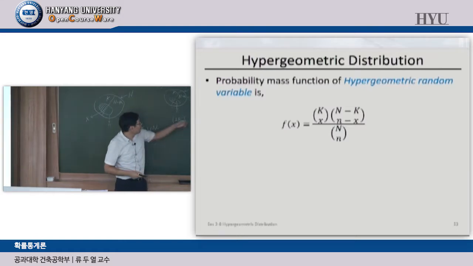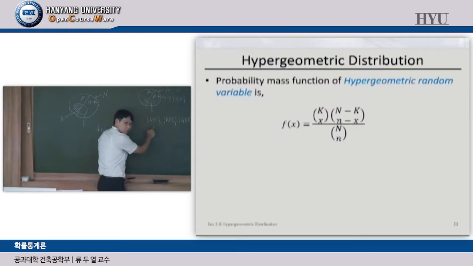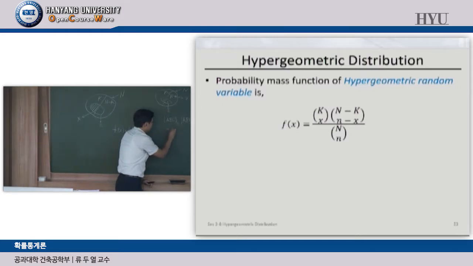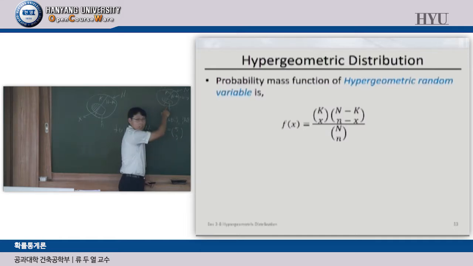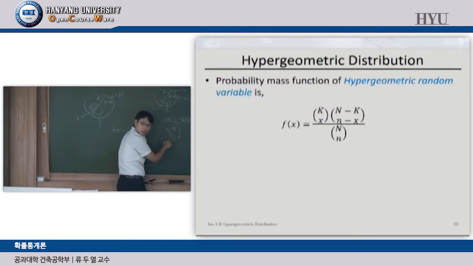We can have any three items from the large N. And what is the number of these? That is 5 choose 3, right? Because n is 3, large N is 5. So the number of outcomes to obtain any three items from large N will be 5 choose 3, okay?